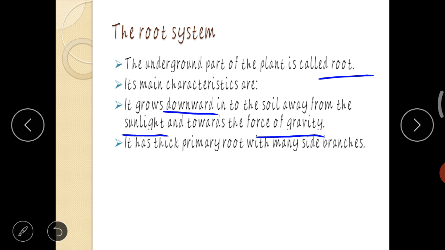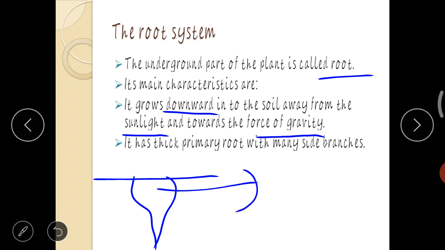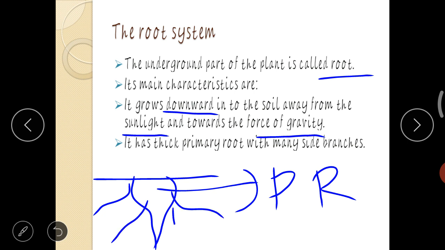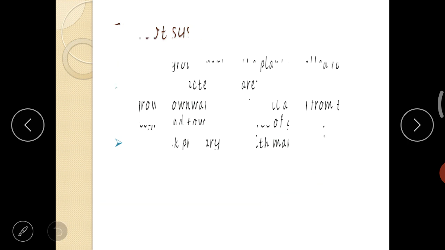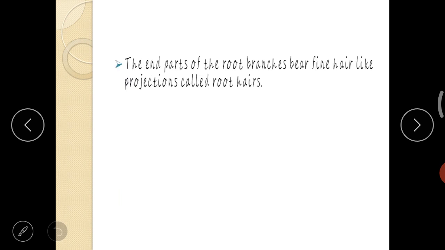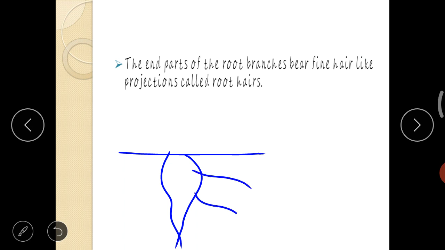The next is that it has a thick main root, or a thick primary root, and it has many side branches. The end part of these branches have fine hair-like projections.